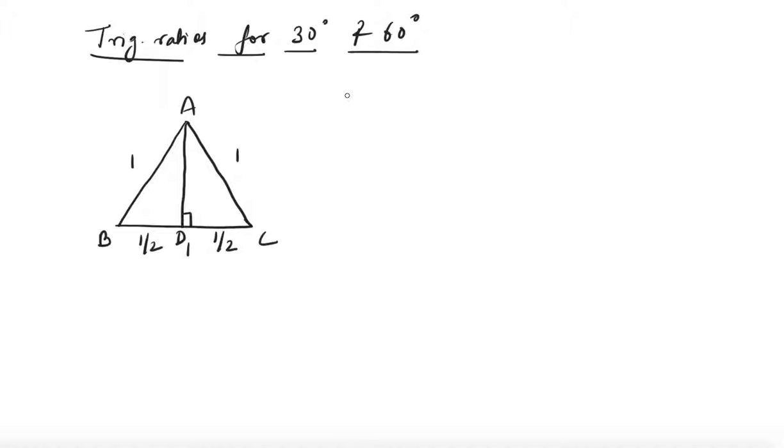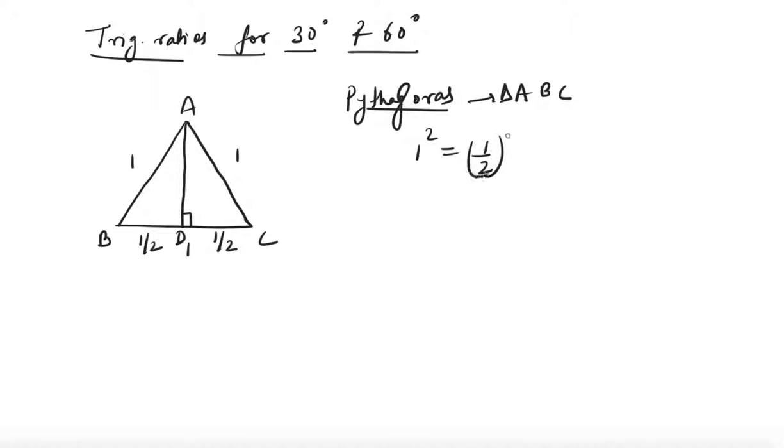Now if I apply the Pythagoras theorem to triangle ABC, I can find the length of the height of the triangle, that is, the length of AD. So I can write 1 square is equal to (1 by 2) whole square plus AD square.